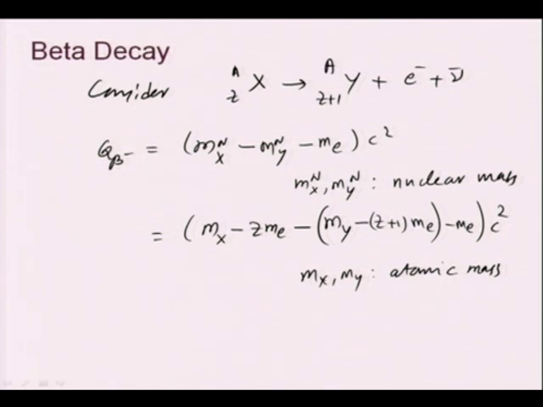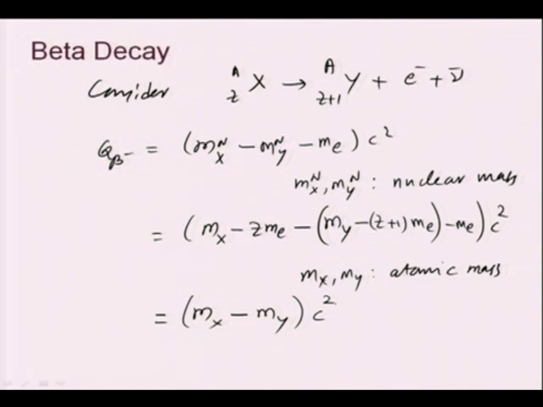We want to write it in terms of the atomic masses because usually that is the one which is provided when measured. So, in terms of atomic masses, it is M_X minus M_Y, minus Z m_e, which is plus Z m_e, gone. Then there is a plus m_e coming from here and a minus m_e coming from the electron, and therefore they cancel each other.